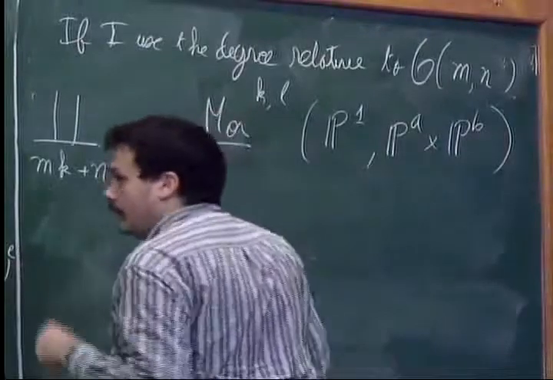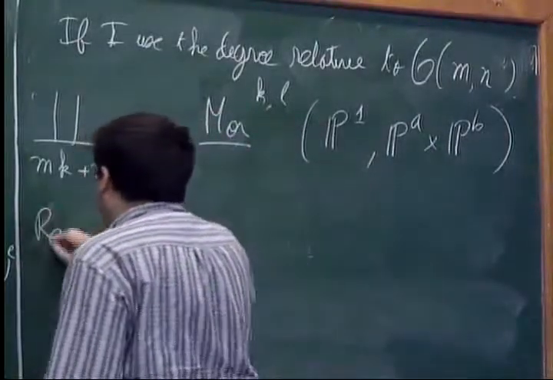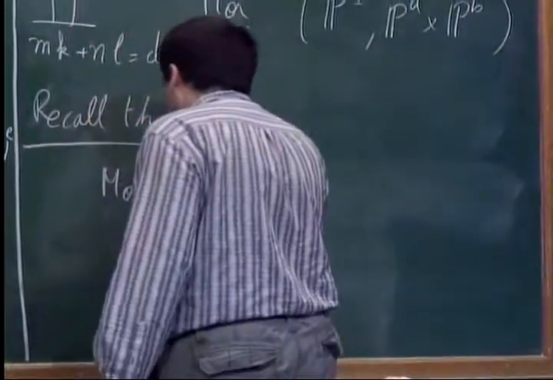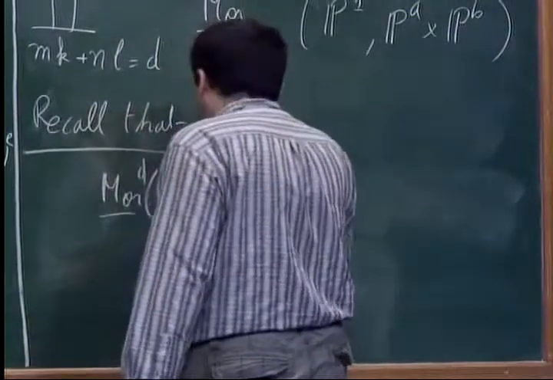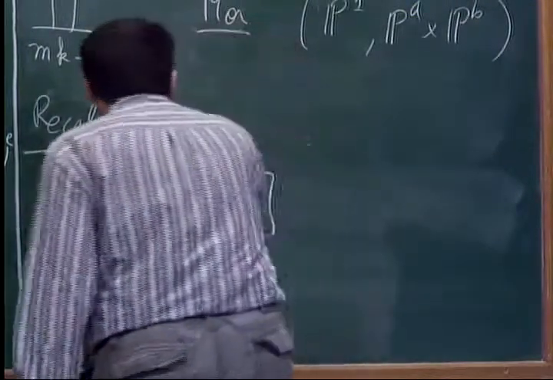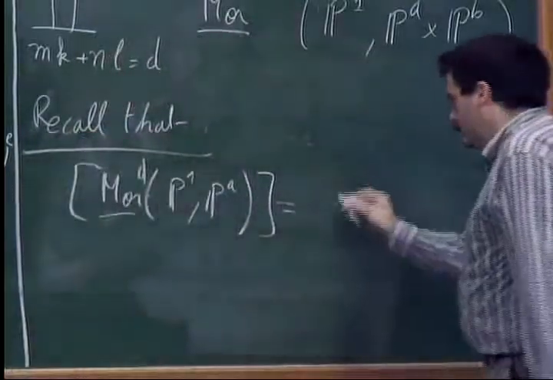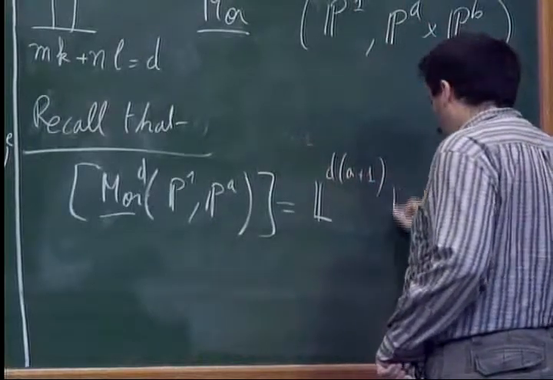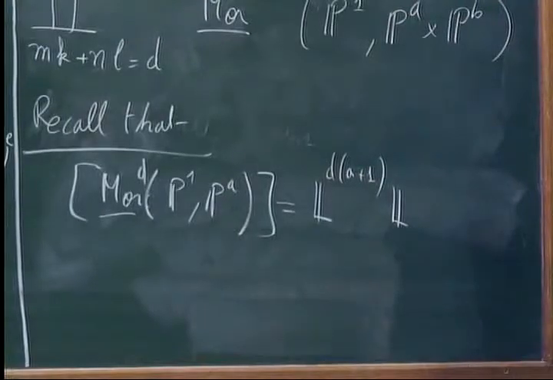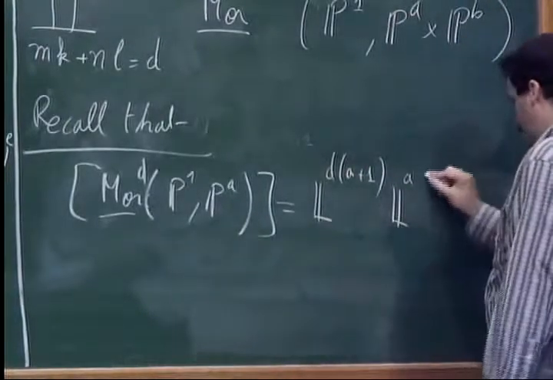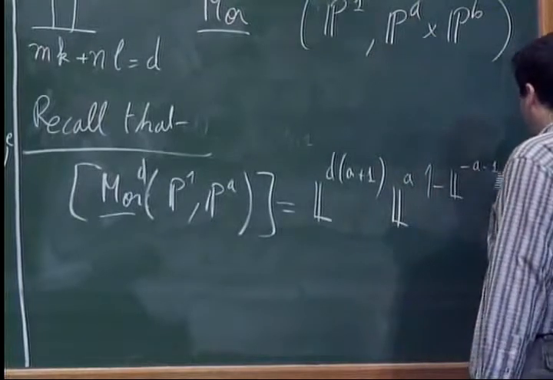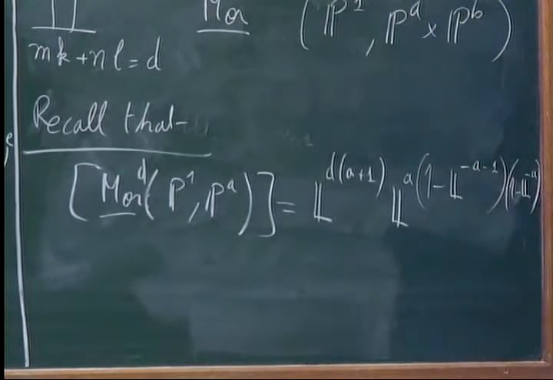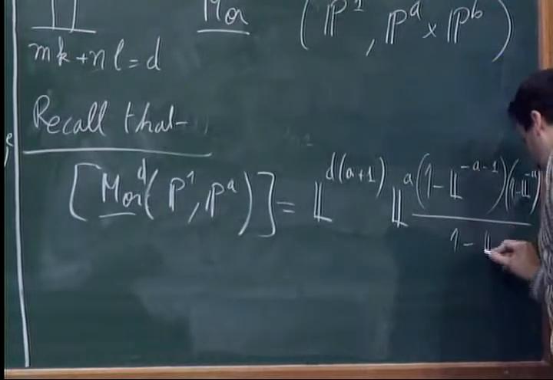So if we look at the symbol corresponding to this product, recall that for the morphisms of, let's say, degree d from P1 to P^a, its symbol is given by L to the power d times (a plus 1), times L to the power a, times (1 minus L to the power minus a minus 1), times (1 minus L to the power minus a) over (1 minus L to the power minus 1).